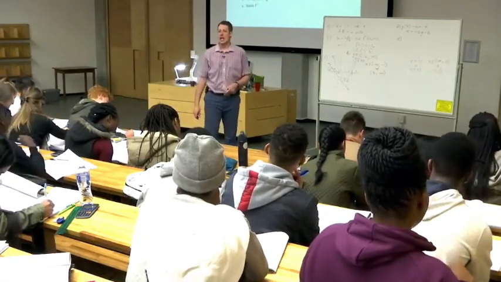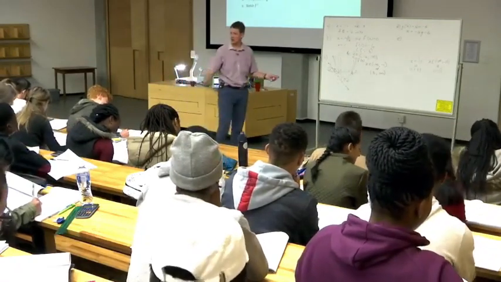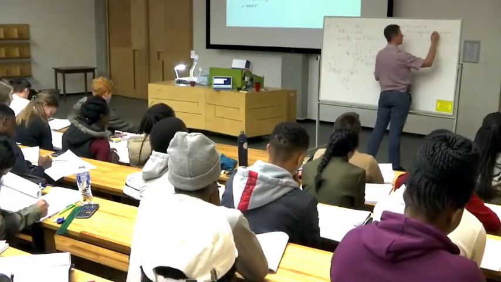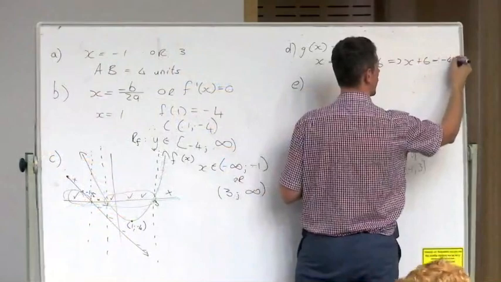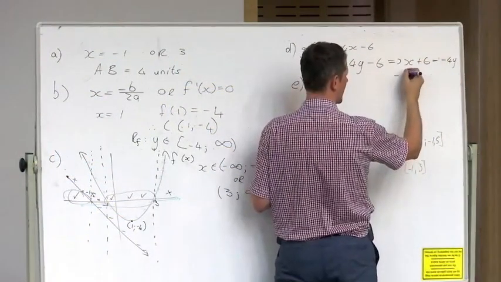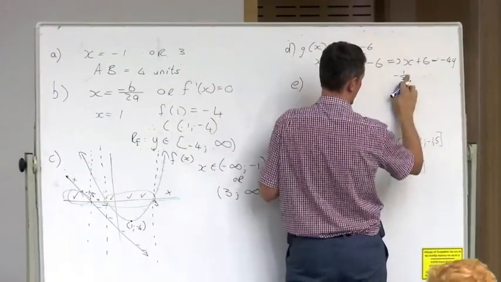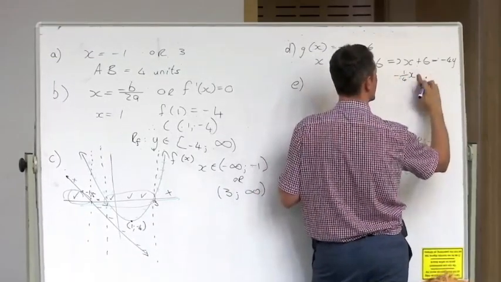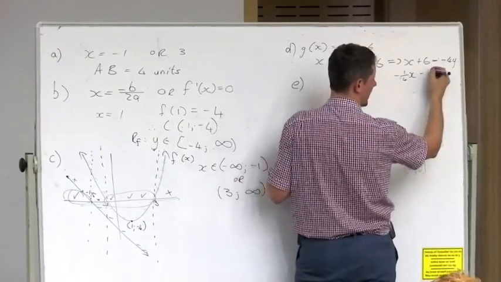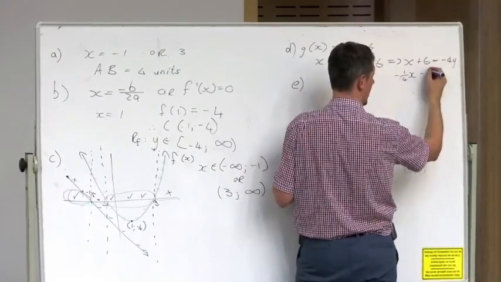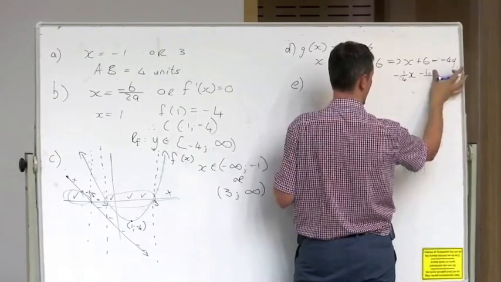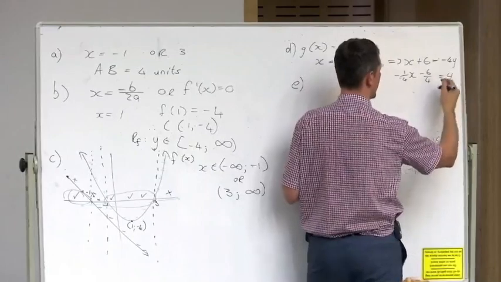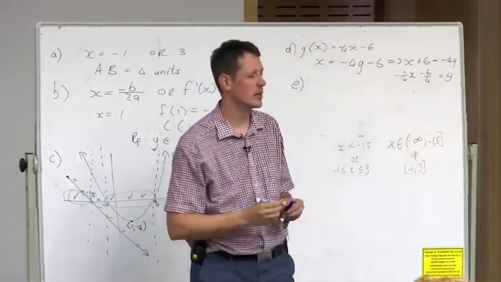Okay. If I had to get y alone, then I go x plus 6 is equal to negative 4y, and I divide by negative 4. Relax, sir, relax. Okay, I write each of them over 4, so I'm going to go negative 6 over 4 equal to y, which I could simplify.